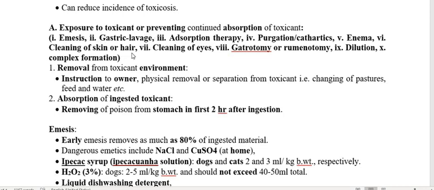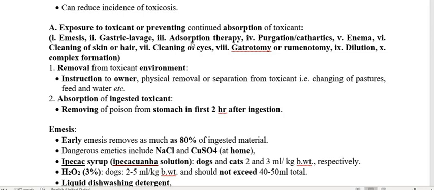Lavage is simply washing out the gastrointestinal tract, using warm or tepid water. And if, even after these two protocols, some amount of the toxicant is still present in the GI tract, then we are going to give a drug that absorbs the toxicant.